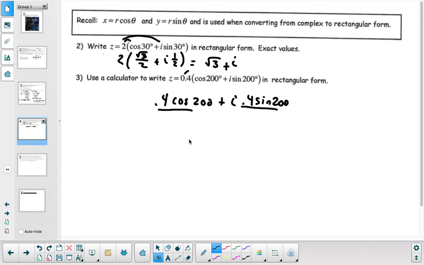Those gross decimals are going to be negative 0.3759 for cosine, and then it's going to be negative, so I'm going to change that to a minus, negative 0.1368 i.